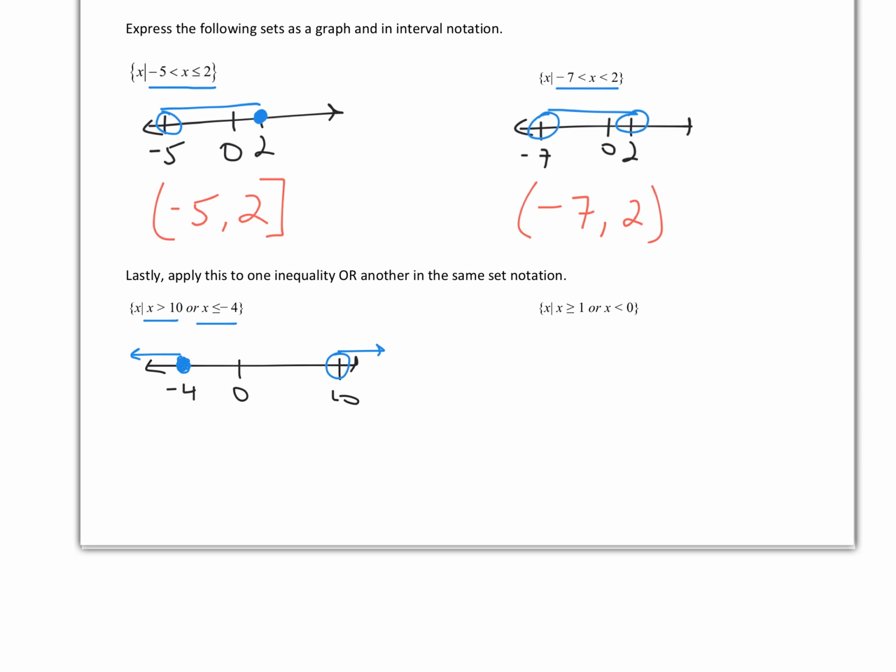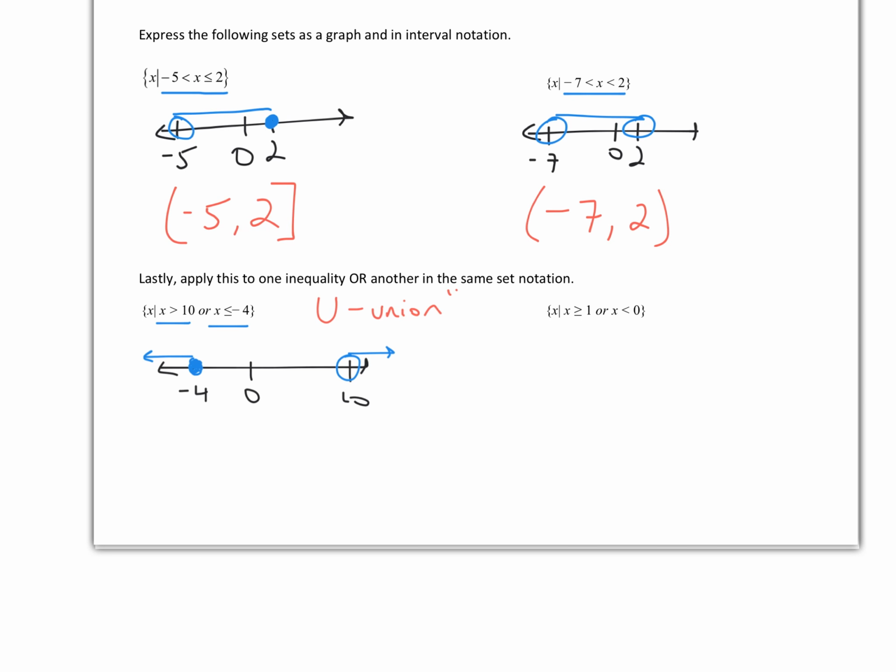So now you notice it's everything split apart. That means we have to write 2 separate interval notations and combine them with what's called a union. So we're just going to put a U, and that represents the union. And think of that as an OR. So whenever you see an OR, we're going to use that U value just to put it in between.